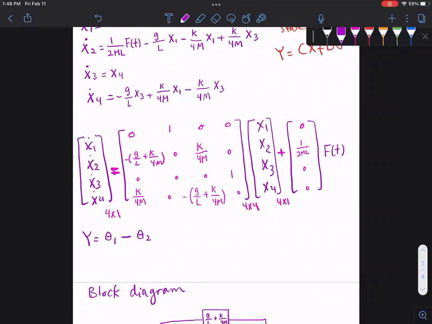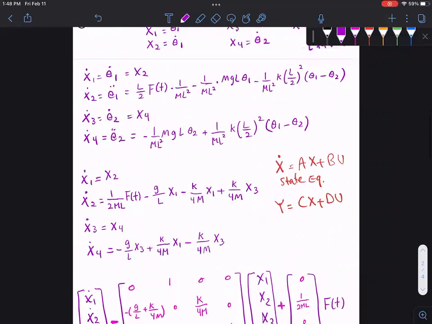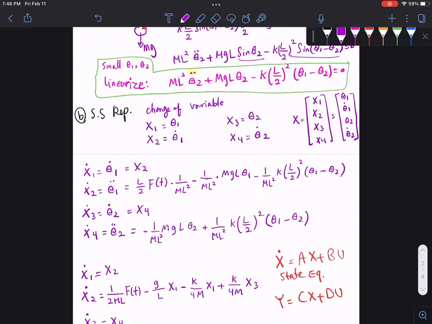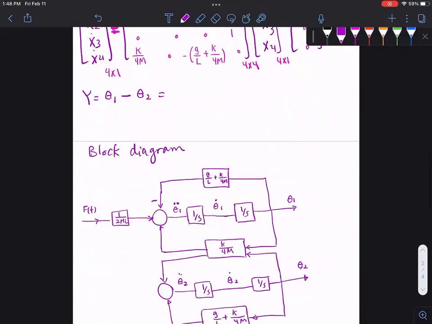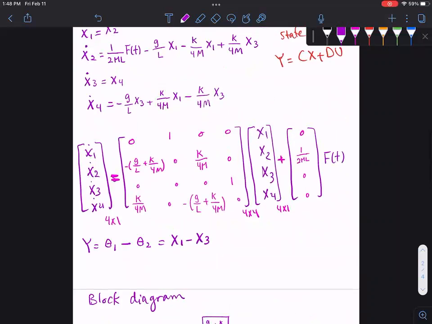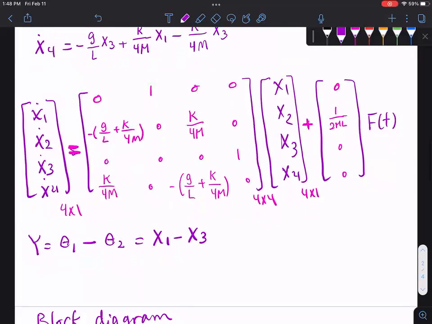So I'm going to say theta 1 was x1, theta 2 was x3. So I'm actually looking for x1 minus x3. And then I can say that y is equal to C times x1, x2, x3, x4, plus Du.